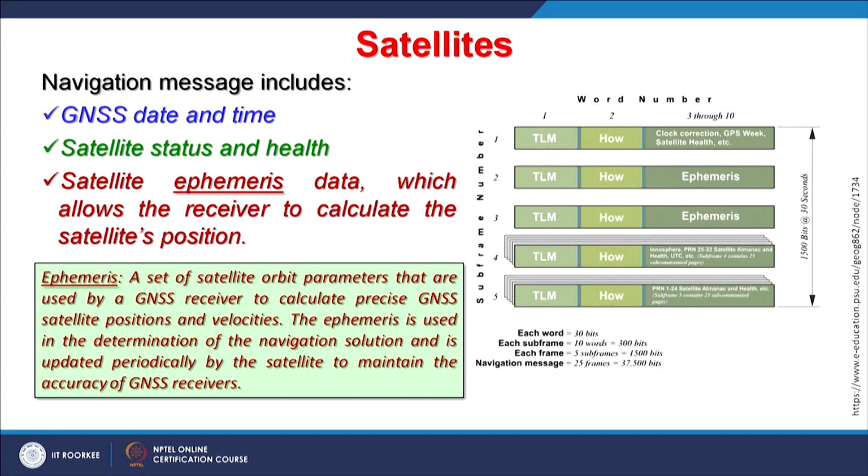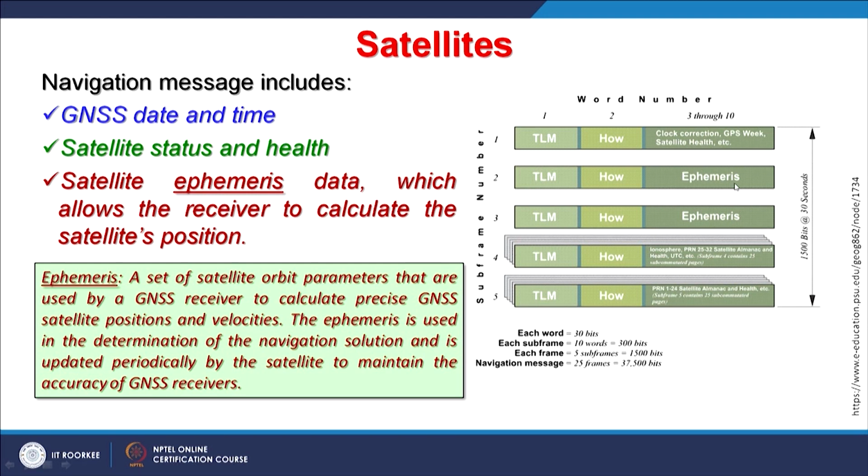So that is why the ephemeris data is very important, and it is used in the determination of the navigation solution and updated periodically, generally every second, by a satellite to maintain the accuracy of the GNSS receiver. If we see here, the clock correction in the first TLM, and whether the signal is weak or healthy, that data is coming.